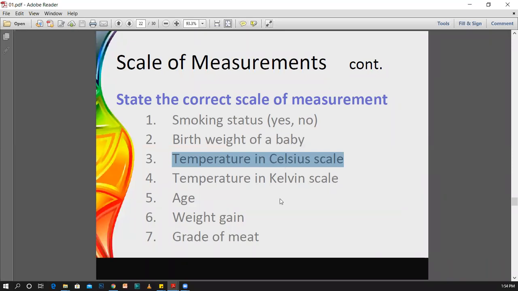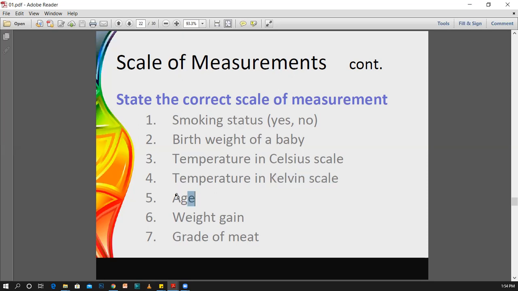Fourth one is temperature in the Kelvin scale. At 0 Kelvin, definitely there is no temperature. Therefore, here you have a true 0 point, and you can categorize this under the ratio scale.